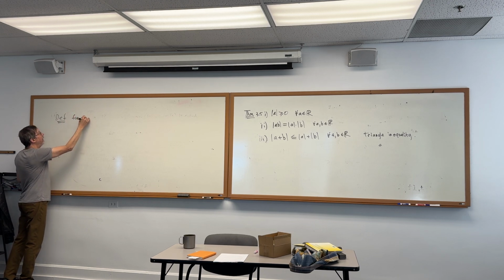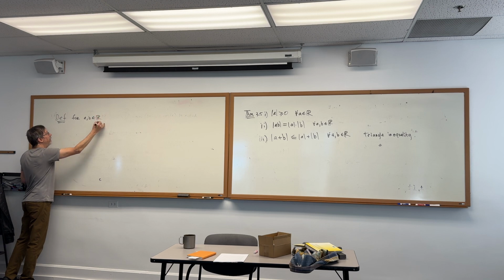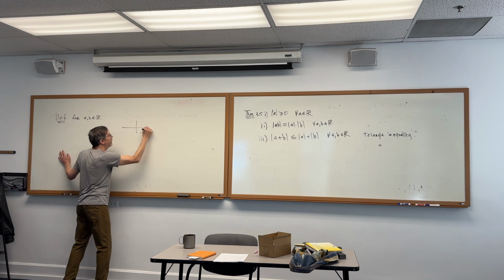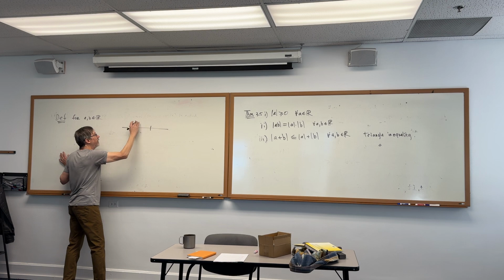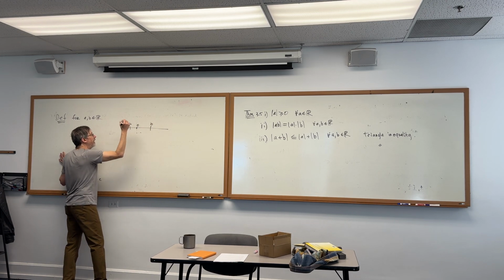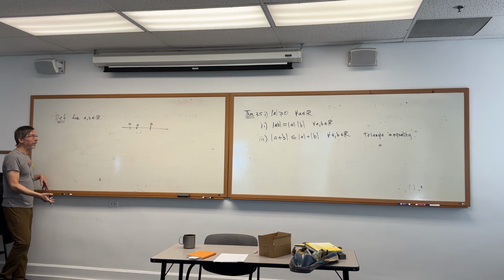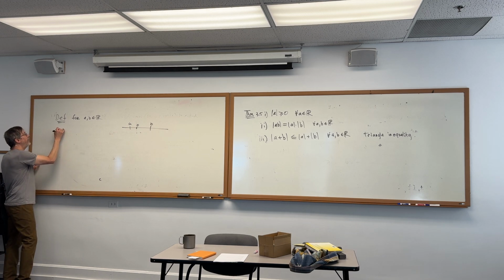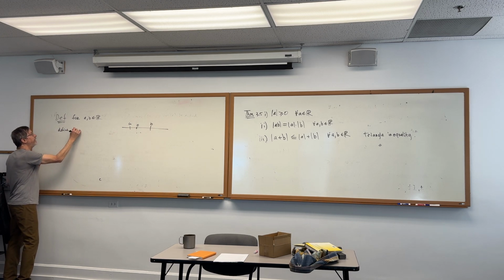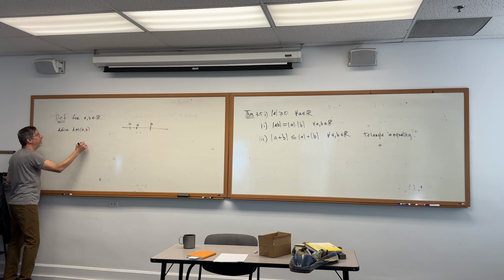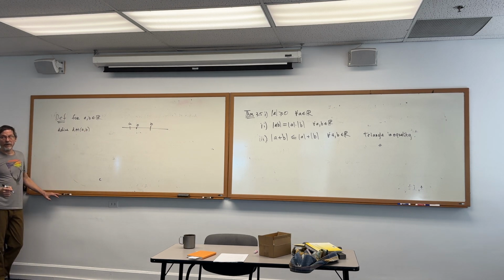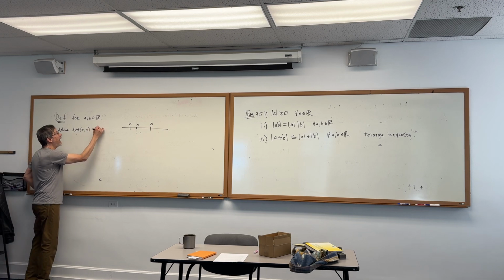For A and B that are real numbers, let's draw. There's 0, let's say there's B, let's say there's A. Maybe they're on totally opposite sides of 0. Define the distance from A to B, the distance between these two numbers, to be the absolute value of their difference.